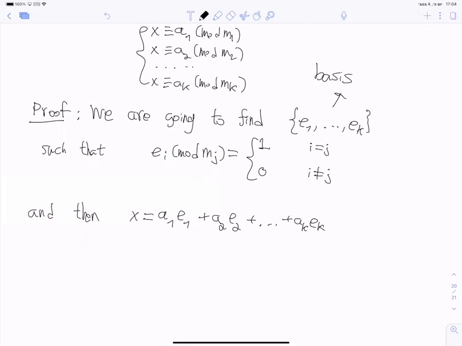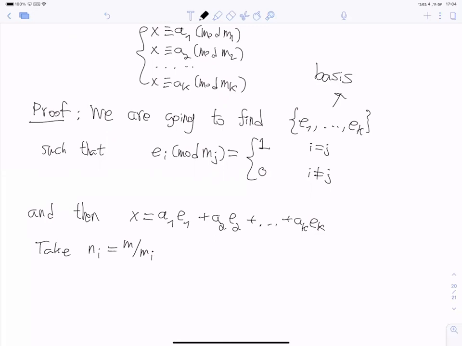We take Ni to be M divided by Mi, where M is the multiplication of all the Mj. So what do we get? We get a number which contains all the other Mj except for this Mi.